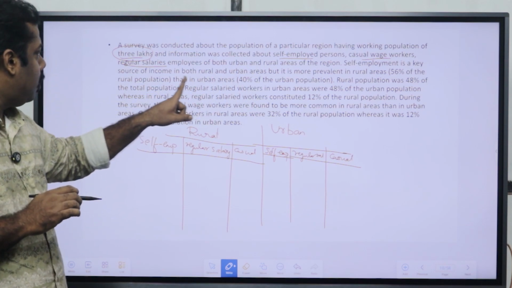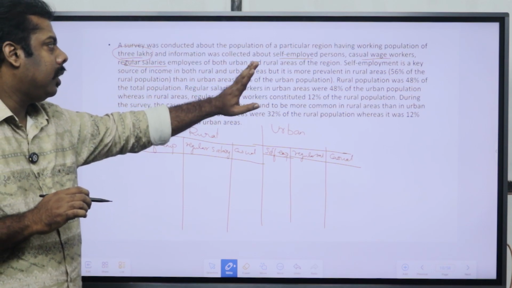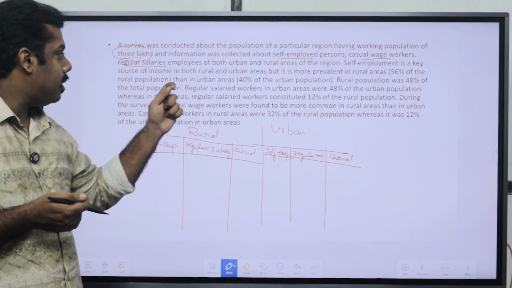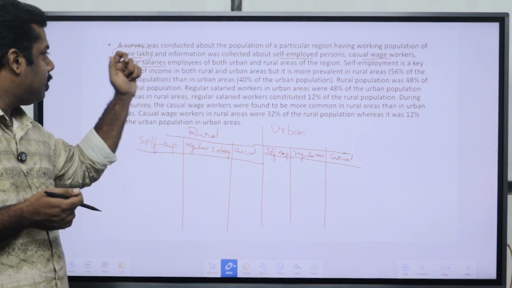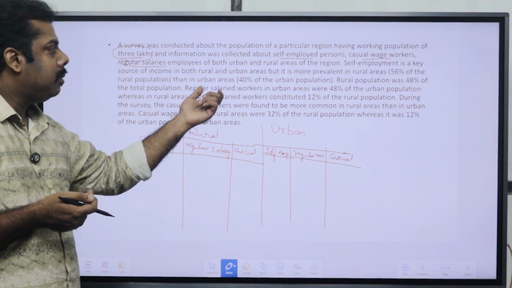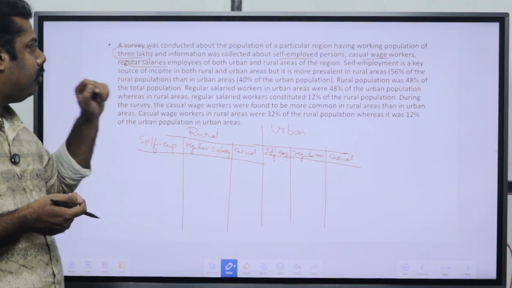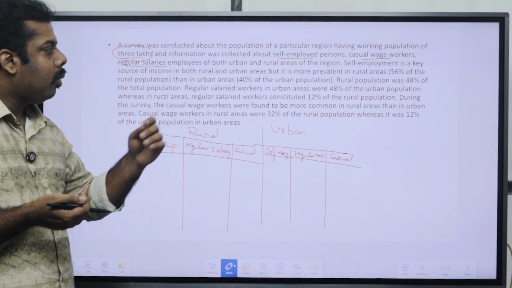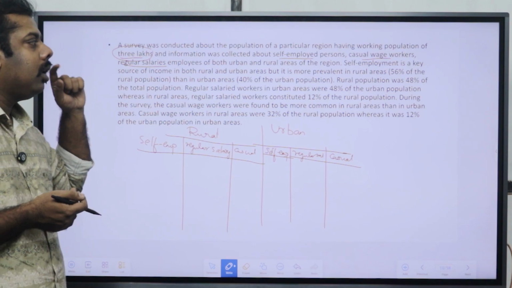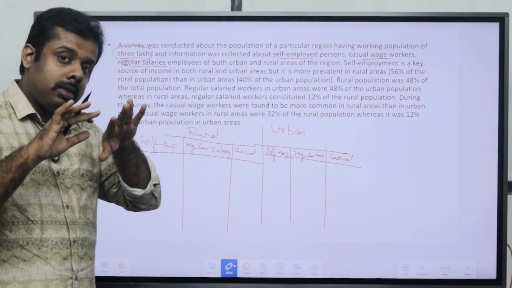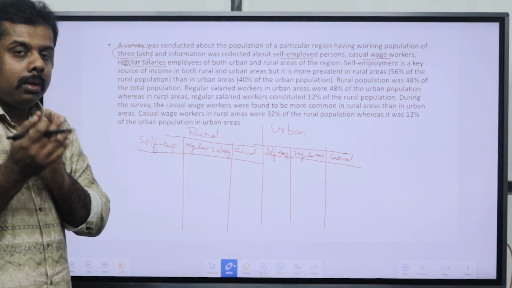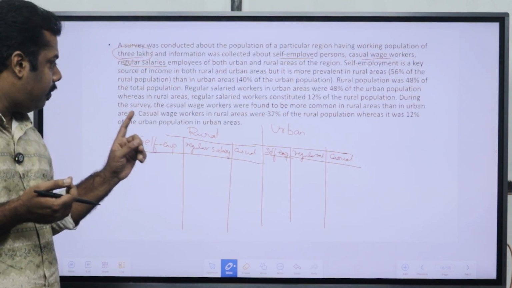Self-employment is a key source of income in both areas, and it is more prevalent in rural areas: 56% of the rural population, than in urban areas, where it is only 40%. The rural population is 48% of the total population, so we can find that out first.